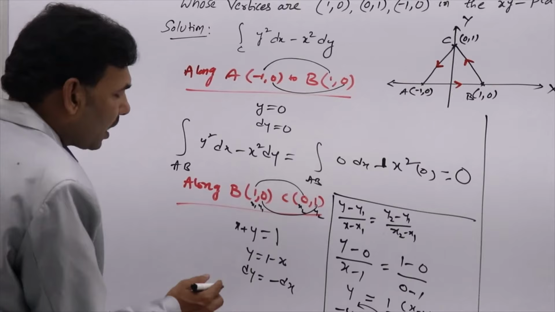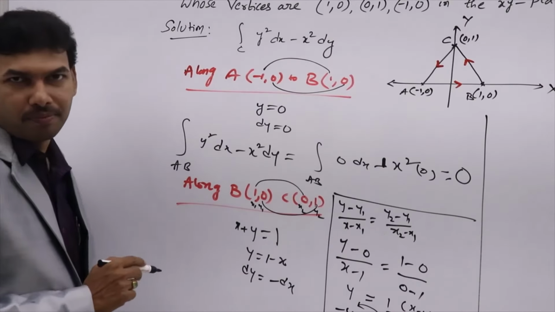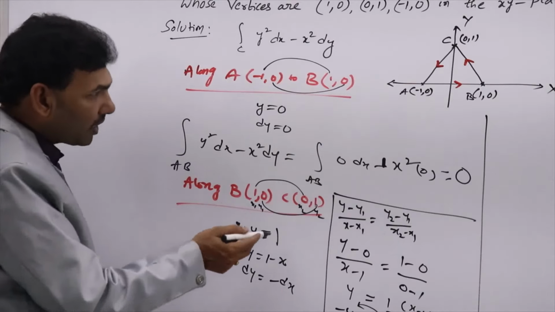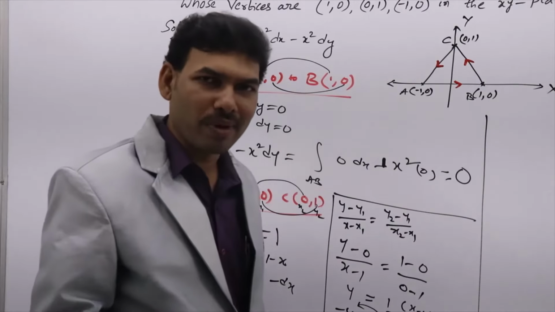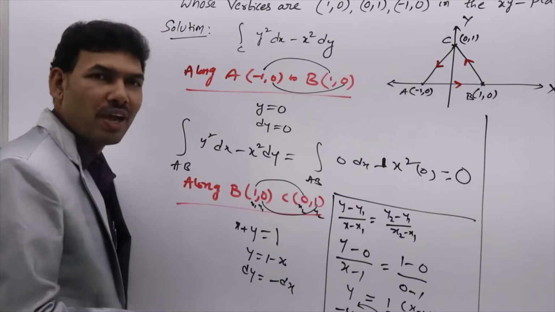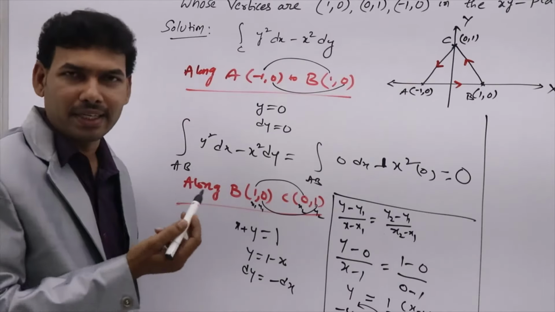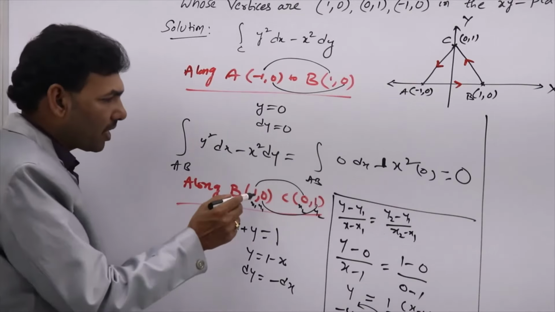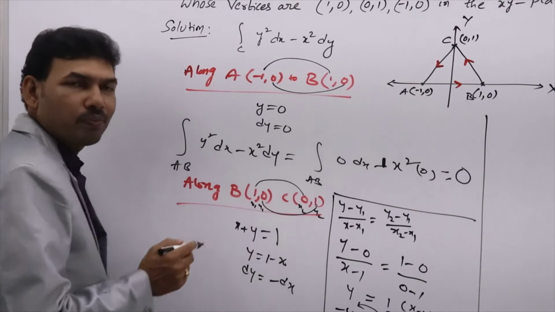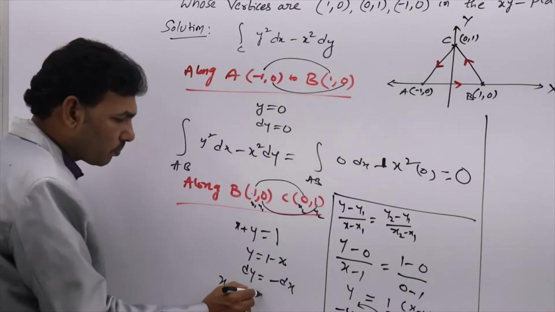Now substitute these in the integral along BC. We are converting the complete integral in terms of x. So we write 1 minus x in place of y and minus dx in place of dy. When you are converting the complete integrand in terms of x, you need x limits. Here you will get x limits from 1 to 0.